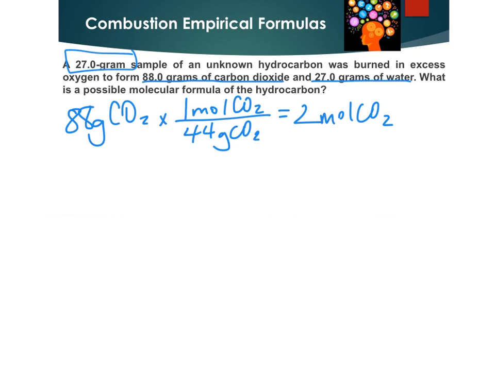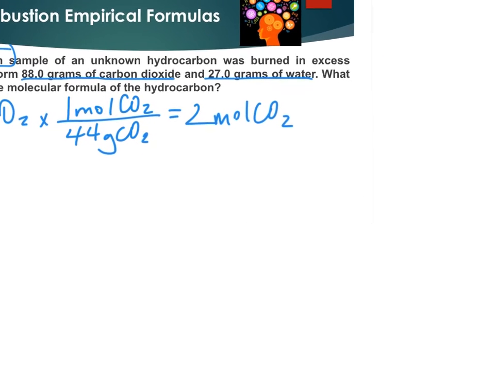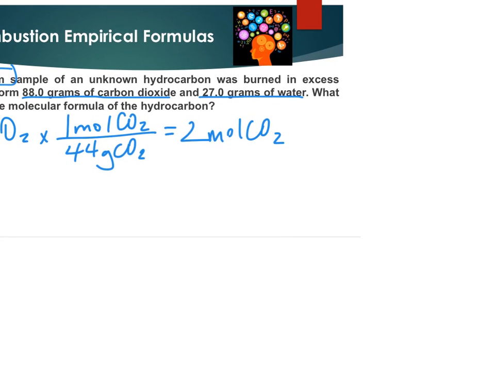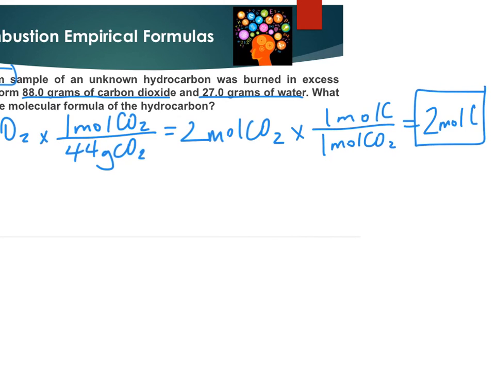Well, my starting hydrocarbon does not have CO2 in it, so I have to take it a step further and calculate the amount of carbon in my starting compound. So this is a mole ratio. For every 1 mole of CO2, there is 1 mole of carbon, which I know sounds kind of silly because most of y'all can see that, but it's important to be thorough and to have calculations that back it up. So we know there's 2 moles of carbon.